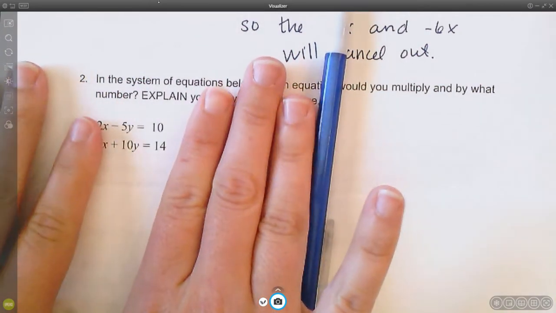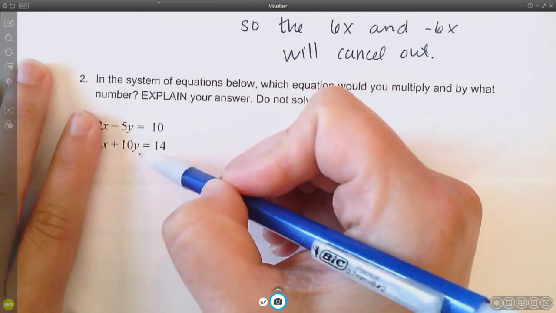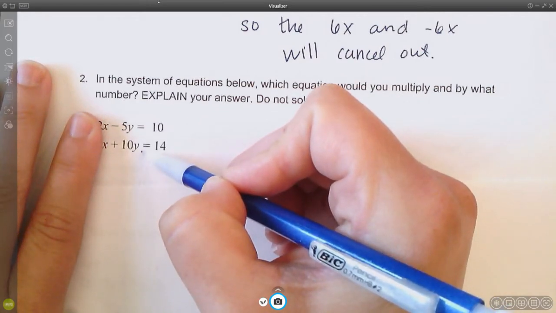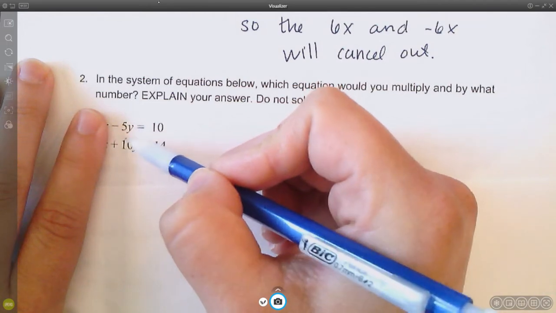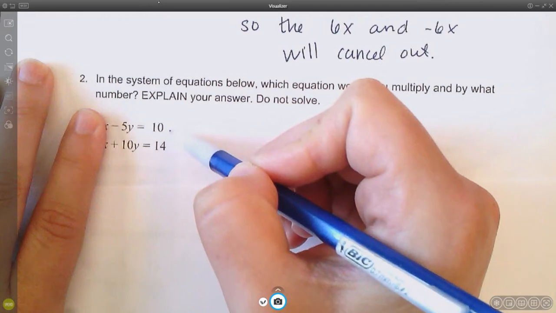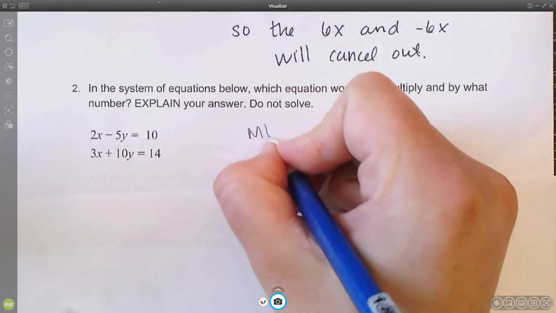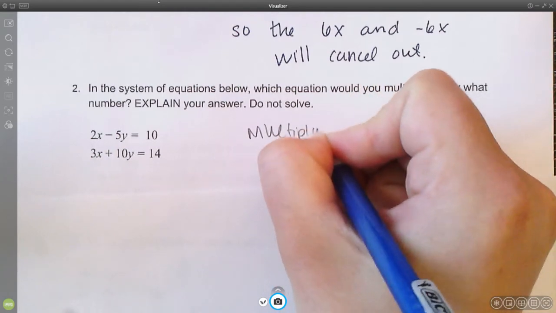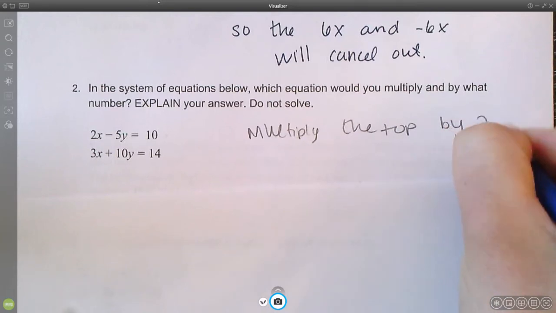So let's look at our y's. So we have -5y and +10y. Can I multiply -5y by something that will give us 10? Well, sure. We can multiply the top by 2.